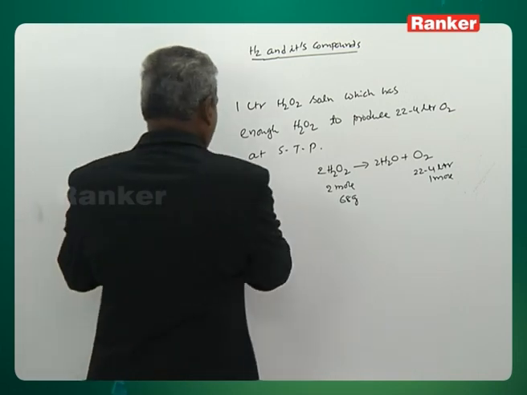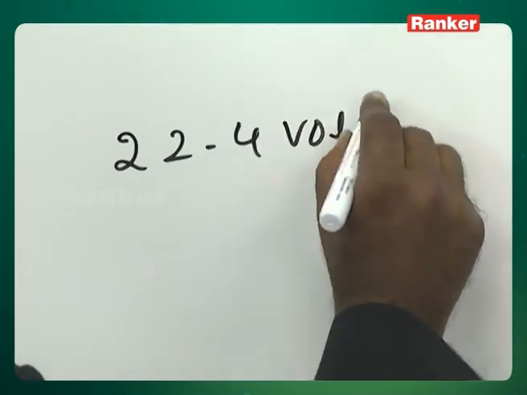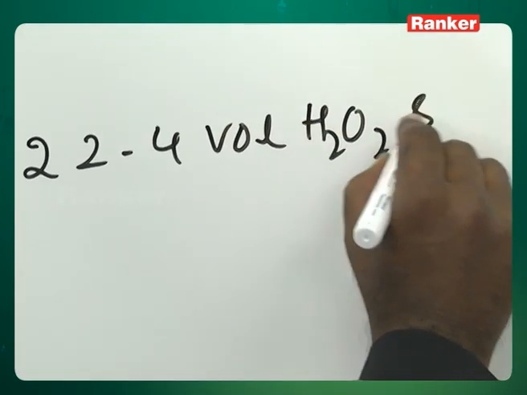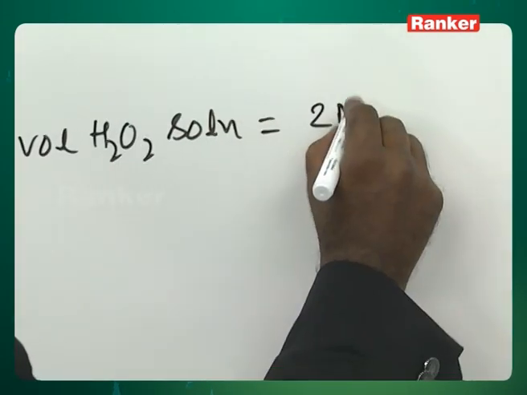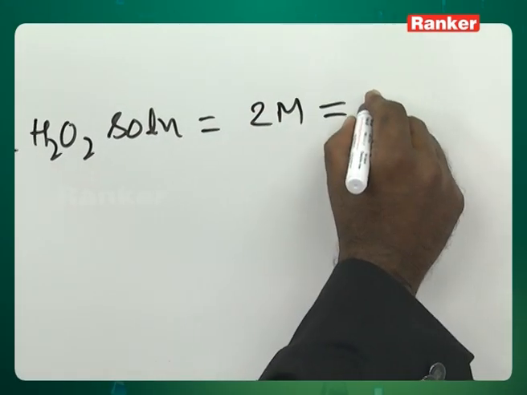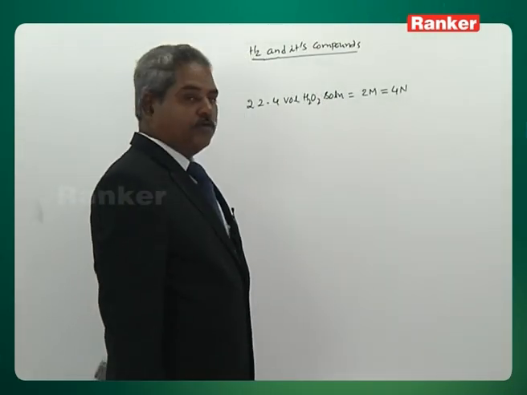So, to conclude, 22.4 volume H2O2 solution means 2 molar, 4 normal. Normality will be 4 because molarity is equal to 2.